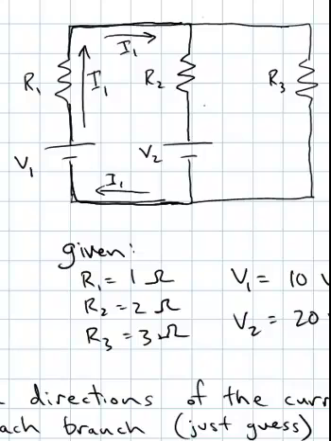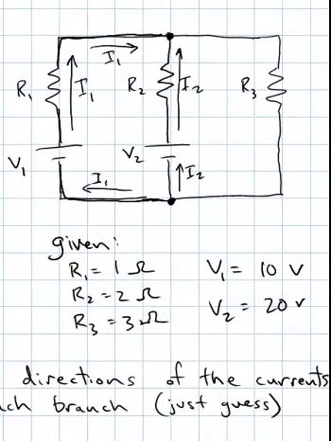And in my second branch, the middle one, I'm going to say the current is going up through R2, and I'm going to call that I2, and that's the same down here, right? There's a junction here at the bottom, and a junction here at the top, and from one of those dots to the other, straight up through the middle is I2.